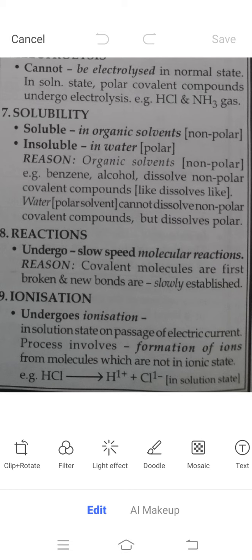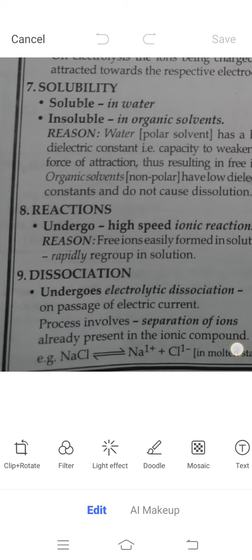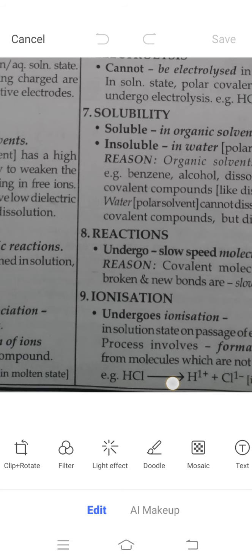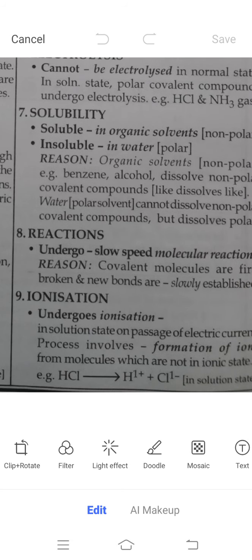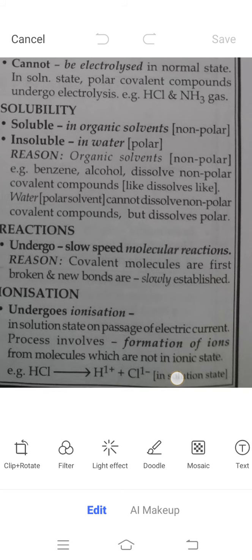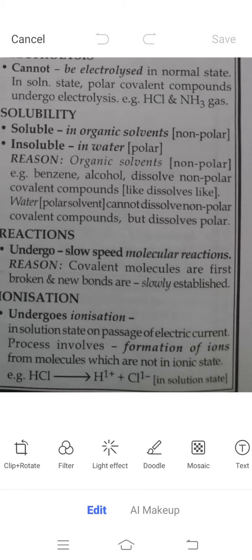Ionization and dissociation have only a slight difference. You need to remember that dissociation takes place for ionic compounds and ionization takes place for covalent compounds. So covalent compounds undergo the ionization process in the solution state. For example, HCl will ionize in water as H plus and Cl minus ions.